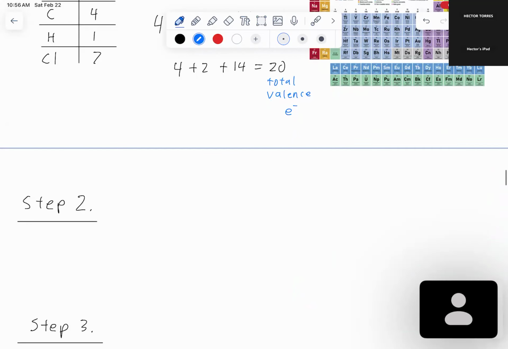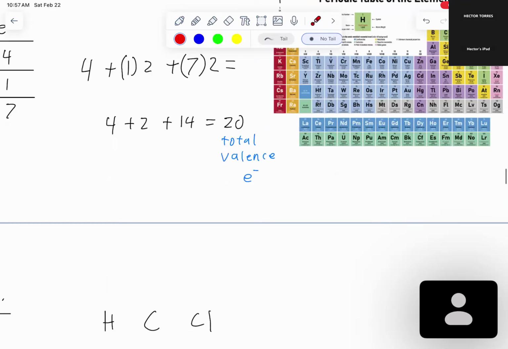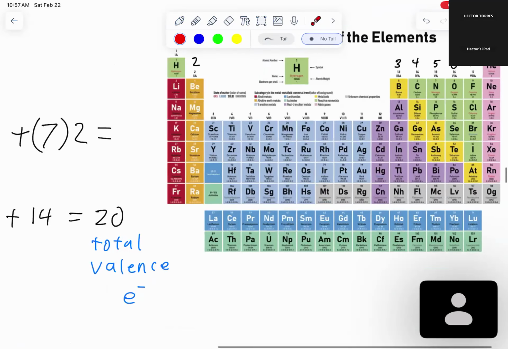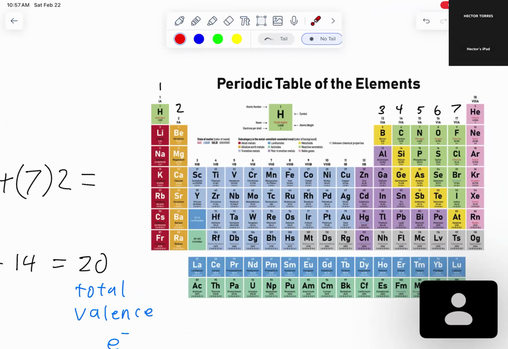Step 2 is trying to decide which of the atoms is going to be the central atom. To do this, we're going to look at periodic trends and mostly electronegativity. If we look at our periodic table again and think about which one's the most electronegative, we have chlorine, carbon, and hydrogen.